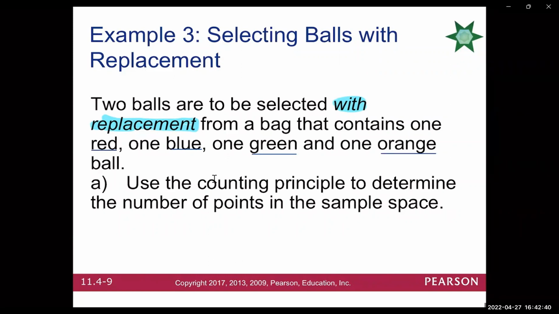All right, so remember we're selecting only 2 of them, right? So that means you want 2 of these, call them slots for lack of a better word. You need 2 slots. So how many choices do you have for the first ball? How many different colors are there?